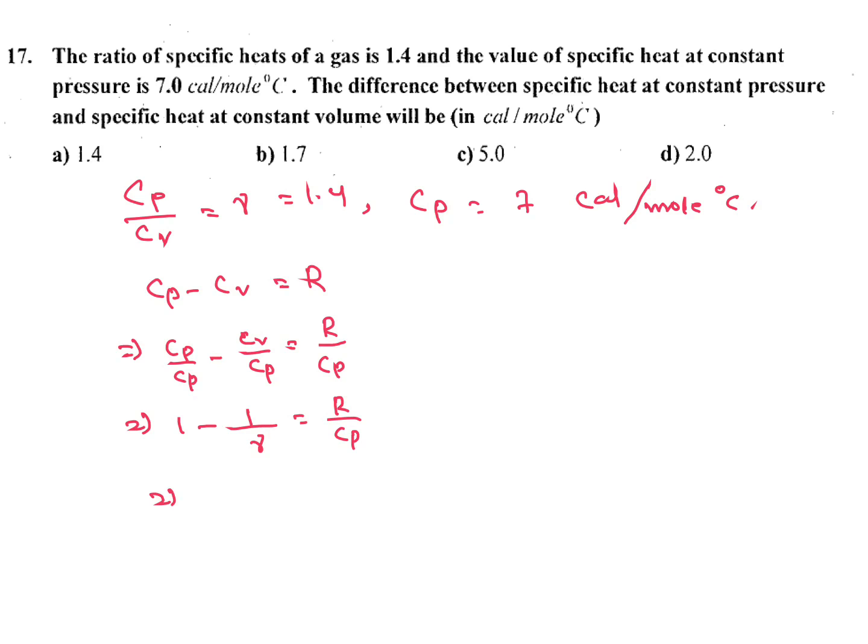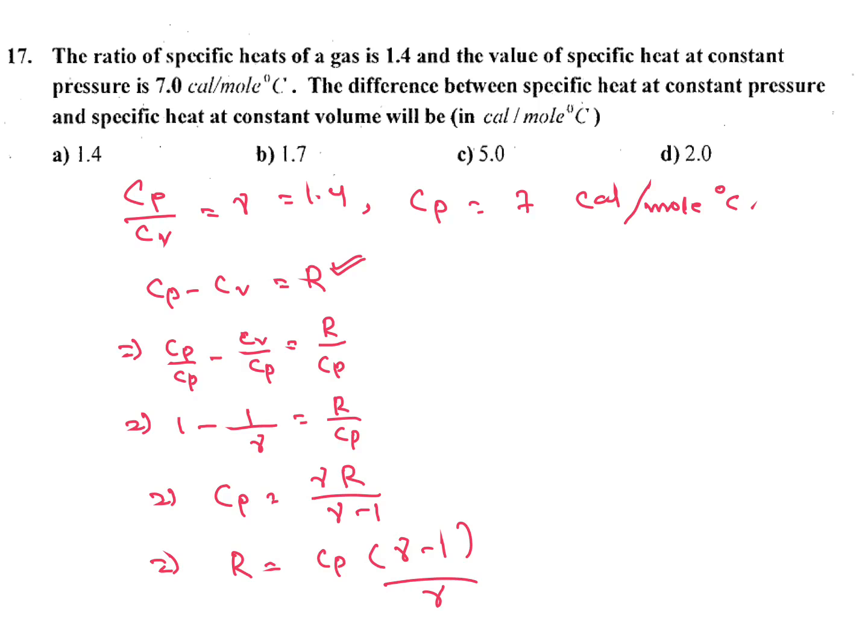So Cp equal to gamma into R by gamma minus 1. Here we will put the value of gamma and Cp, then we will get the R value. We have to calculate this R value. So R equal to Cp into (gamma minus 1) by gamma.